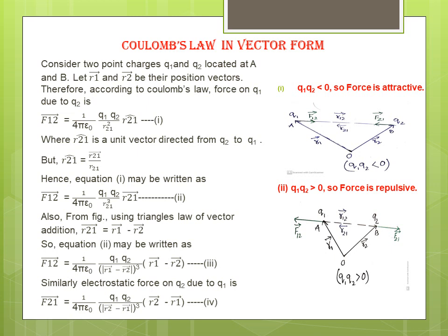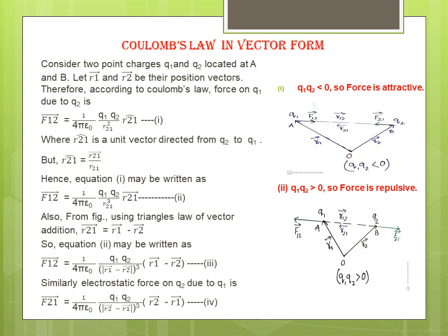Now let us see two point charges Q1 and Q2 located at A and B respectively. Let R1 and R2 be the position vectors of Q1 and Q2 from origin O.